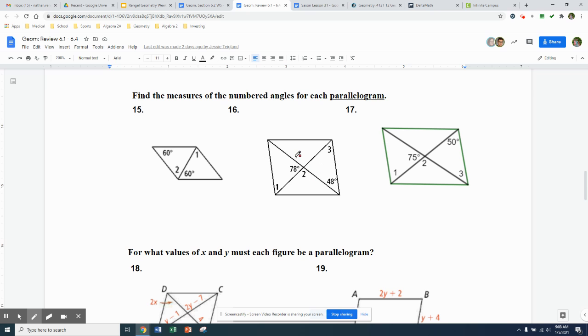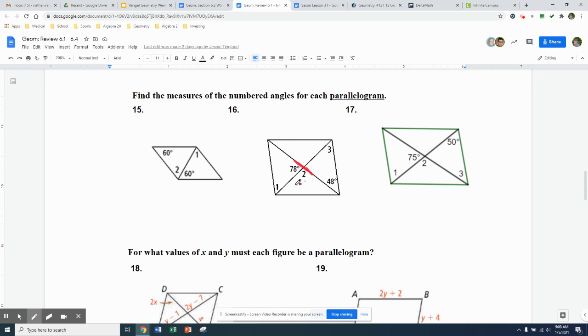Inside a triangle, we have these intersecting lines. And where that 78 is, it's forming a line with the 2. So the 78 and the 2 are going to add up to 180.